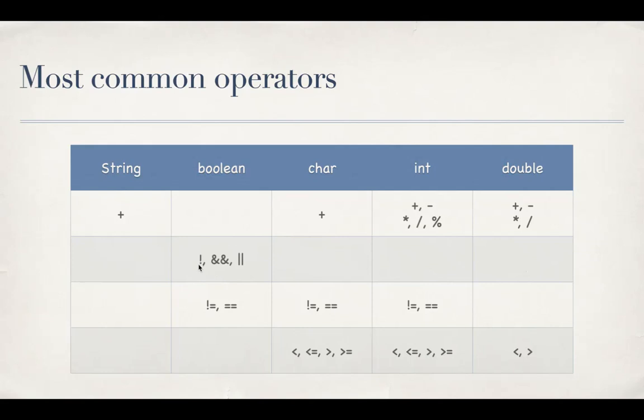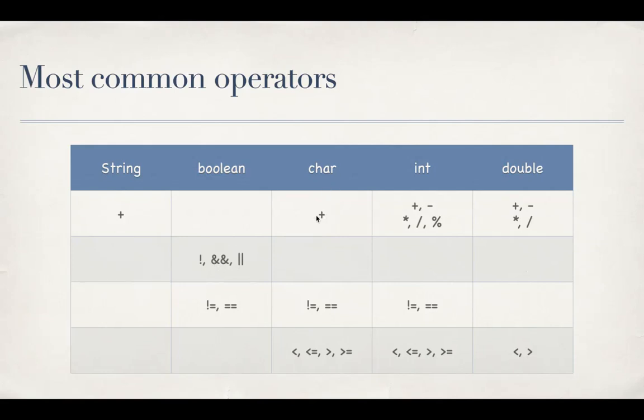So logical operators here are not, the exclamation mark, and, the double ampersand, and or, which is a double pipe. So these are the logical operators on Booleans. And you can have equals or not equals. Equality comparison like C family languages happens with the double equals sign, and not equals happens with an exclamation and equals.